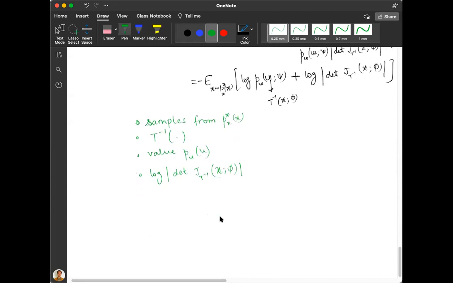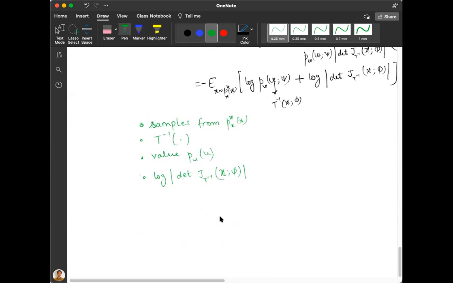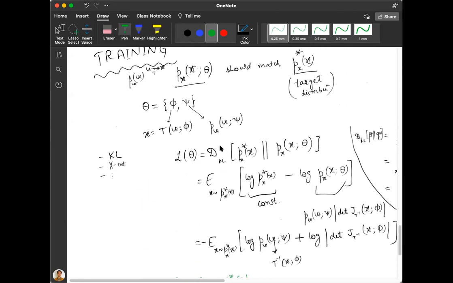Okay, now notice one thing. This loss function is the KL divergence between P star and P estimated. Now my question is, is KL divergence symmetric?